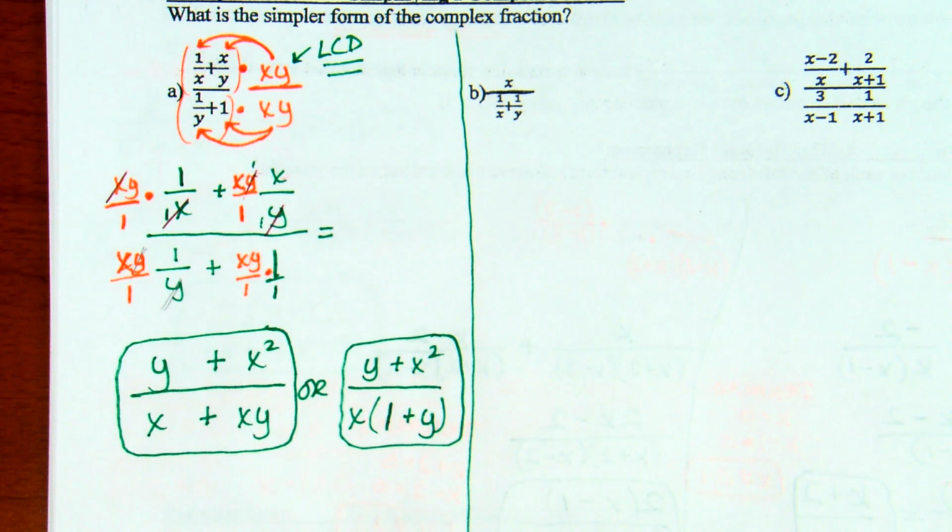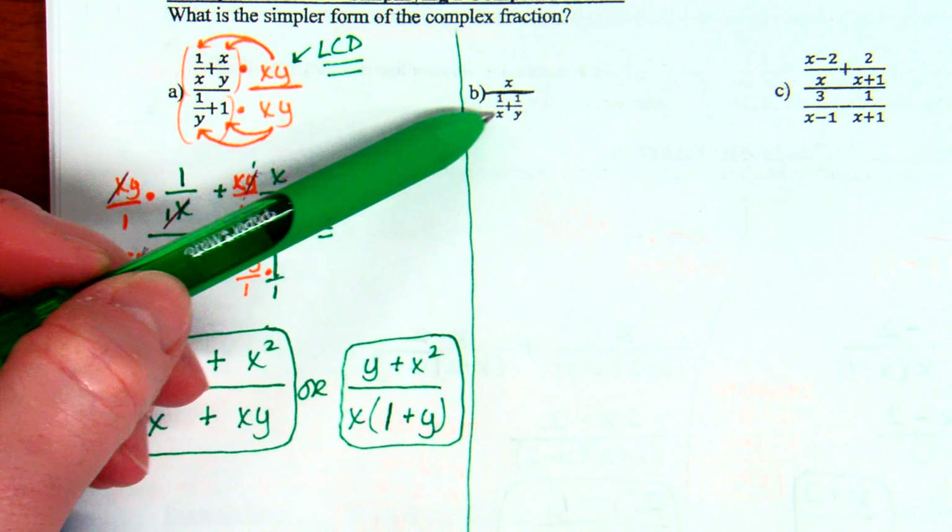Look for an overall least common denominator. xy. So right here, we have an x and a y, so that'd need a common denominator of xy. On top, it's an x. We don't need to worry about a common denominator here. So, for our least common denominator, we're going to think xy.